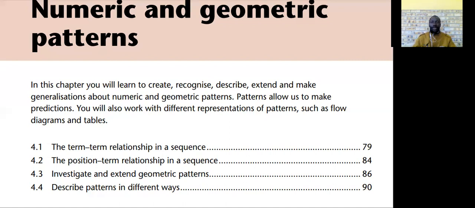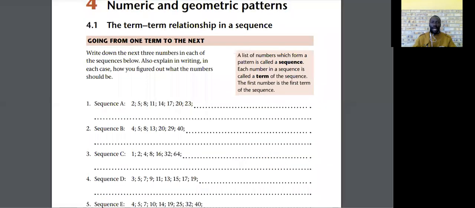With the term-to-term relationship, if you are given, for example, a number like 2, and the next number is 5, you must add something or subtract something, or maybe multiply or divide the first term by some other number to get the second term.